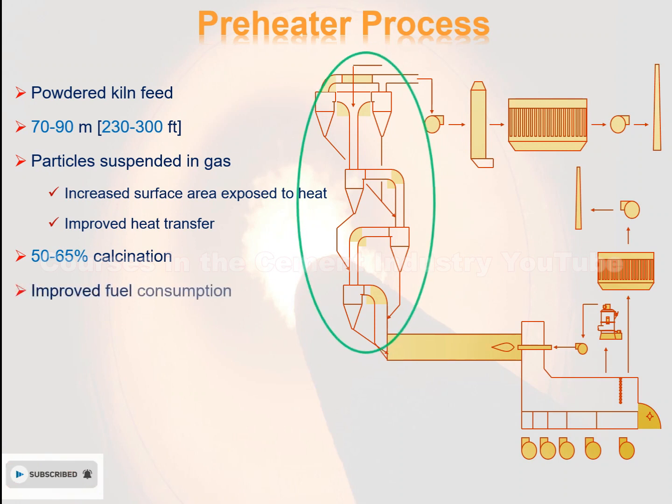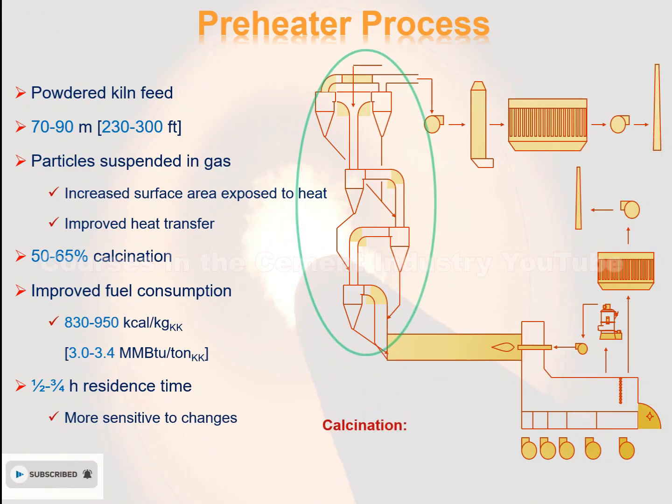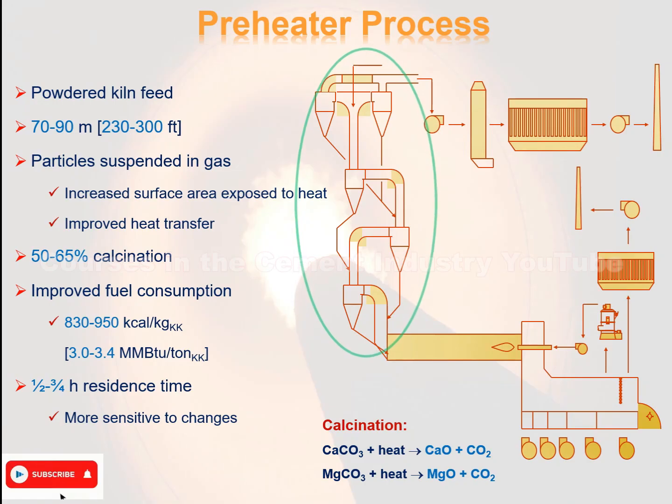Improved fuel consumption: 830 to 950 kilocalorie per kilogram. Half to 3/4 hour residence time. More sensitive to changes. Calcination: CaCO3 + heat = CaO + CO2. MgCO3 + heat = MgO + CO2.